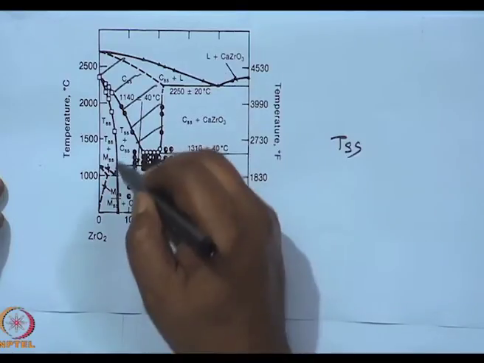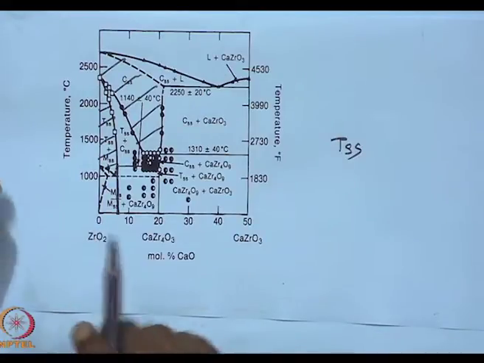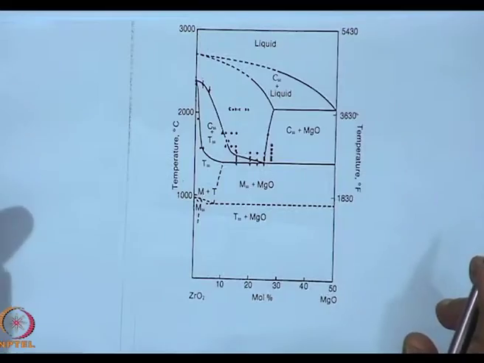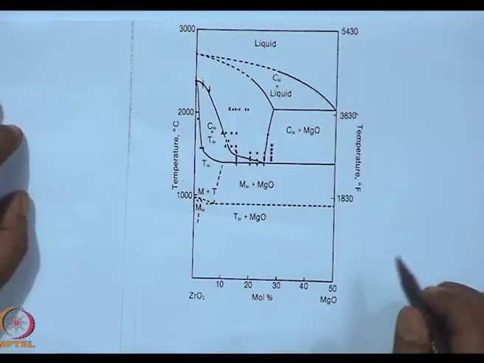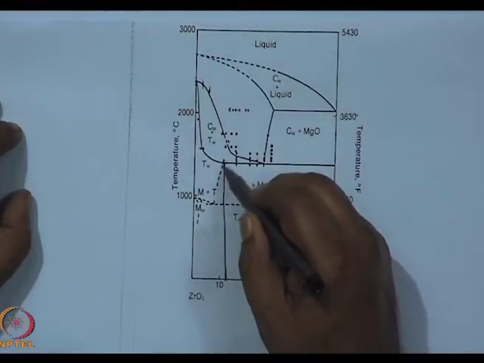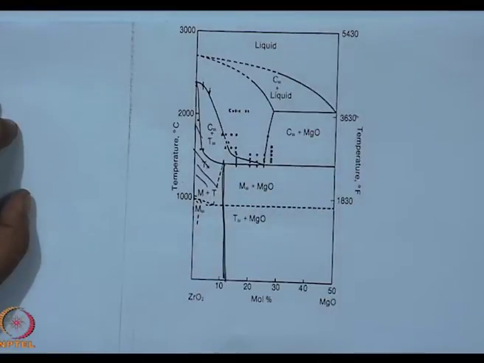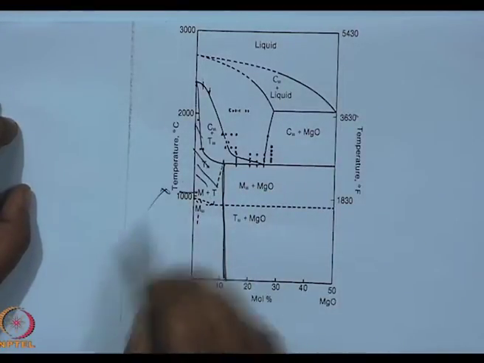So, my zone of interest is up to here because this is the zone I intend to use, so that I have only tetragonal phases which will cause the transformation toughening due to conversion of tetragonal to monoclinic phase. When I use magnesia, my area of interest is up to here, because this is my zone of interest. I am not interested in monoclinic tetragonal.